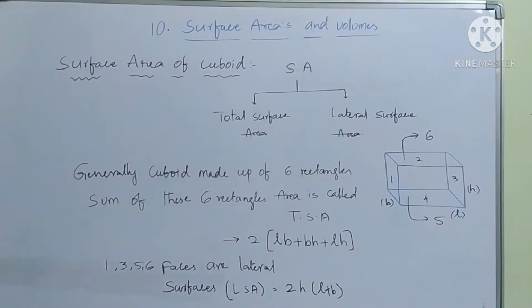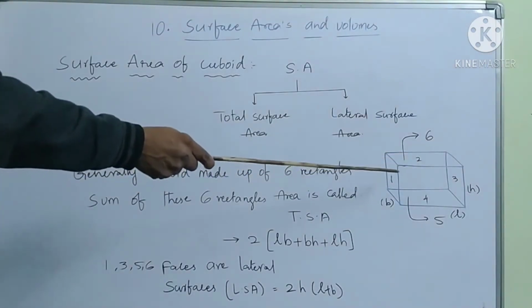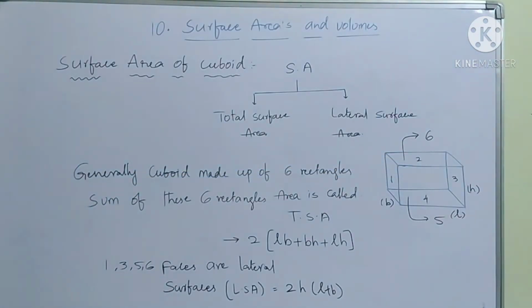Next one, here lateral faces are 1, 3, 5 and 6. These are all called lateral surfaces. So this area is called lateral surface area, LSA, that is equal to 2H into L plus B. These are the formulas of total surface area and lateral surface area of cuboid.